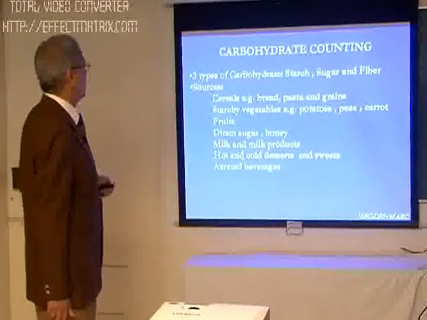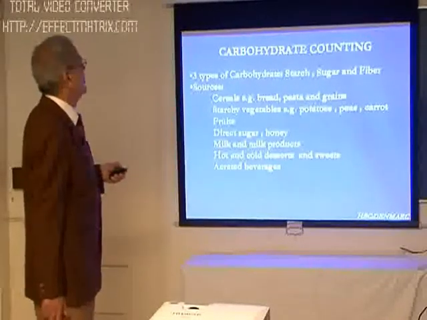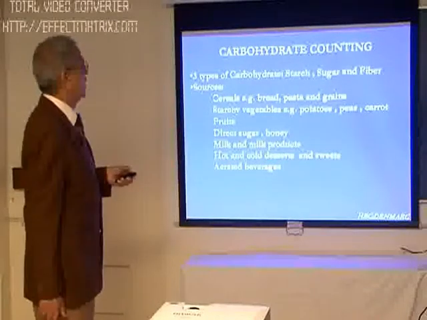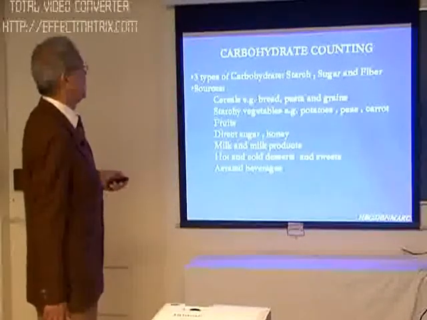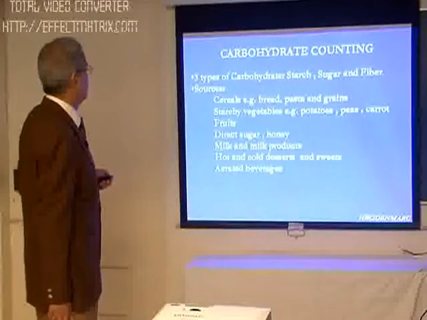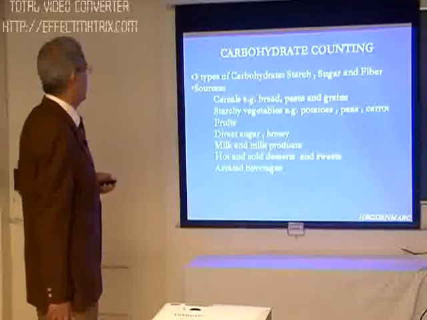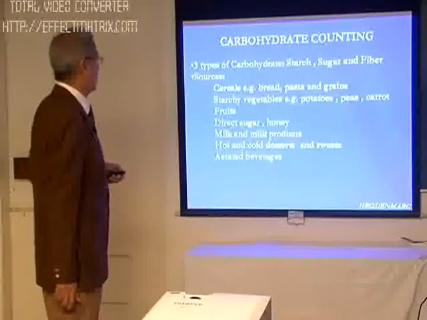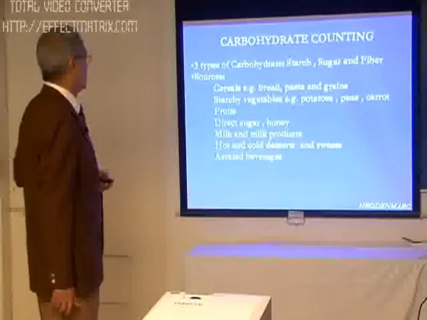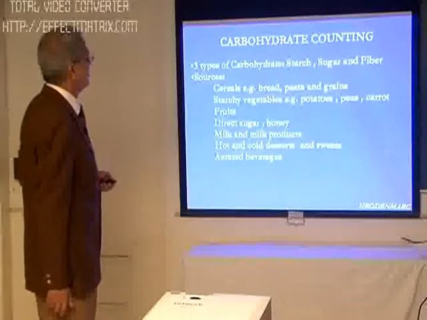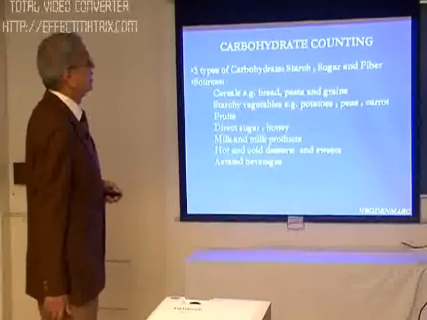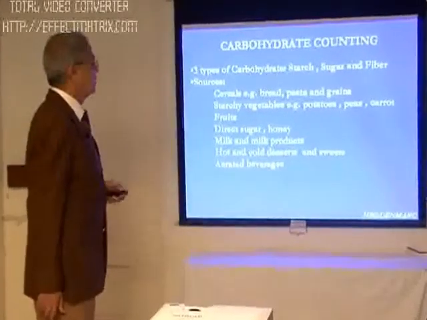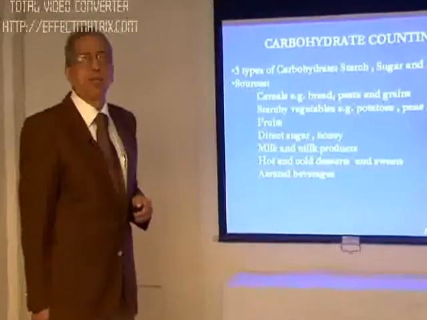The sources of carbohydrates in food mainly are bread, pasta, grains, that is rice, wheat, starchy vegetables, fruits, direct sugar or honey. Milk has lactose in good amount, and that adds to the carbohydrates, as do desserts and aerated beverages. These are the ones where the carbohydrates are contained in the total food, and these have to be taken into account when you are doing carb counting.